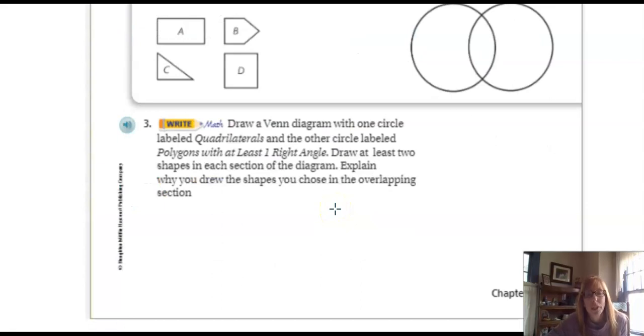For number 3, you had to draw a Venn diagram with one circle labeled quadrilaterals, all 4 sides, and the other is a polygon with at least a right angle, and then draw 2 shapes. Hopefully you did that, and then you explained why you drew those shapes.